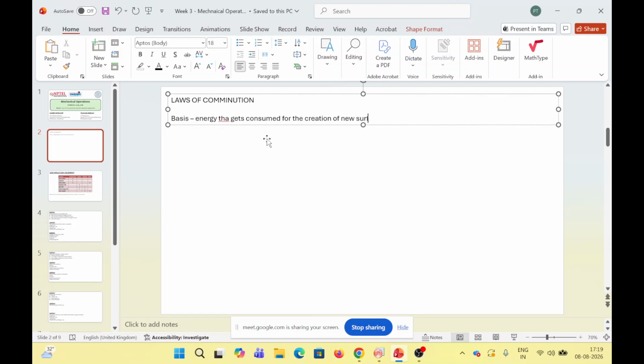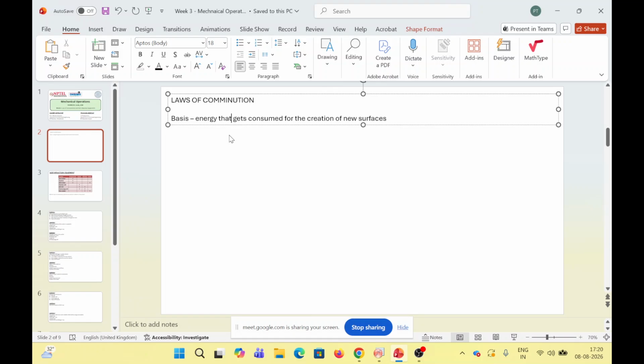When you break a bigger chunk of material into smaller pieces, you are going to generate new surfaces. How much energy is spent in this process is what forms the basis for the framing of these laws.